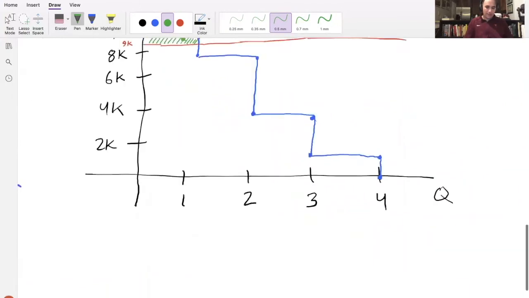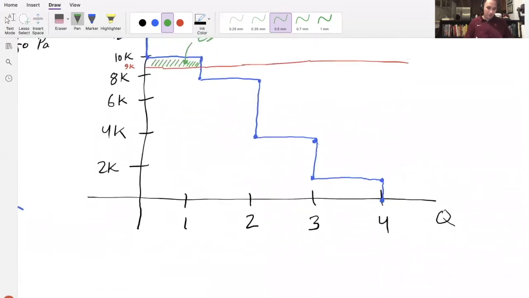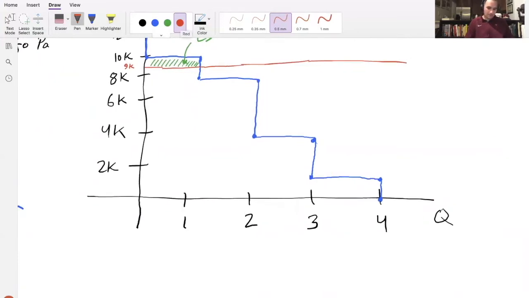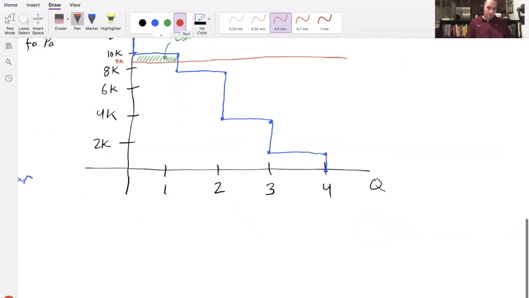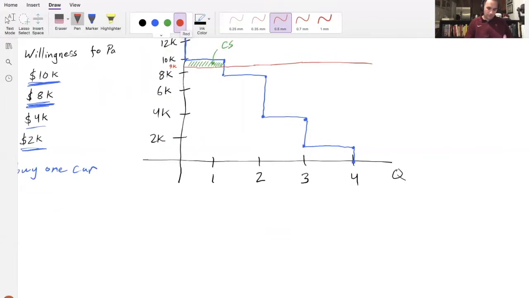So let's just think about that really quickly. Let's say price equals 9,000. Well, our consumer surplus here is a rectangle, right?